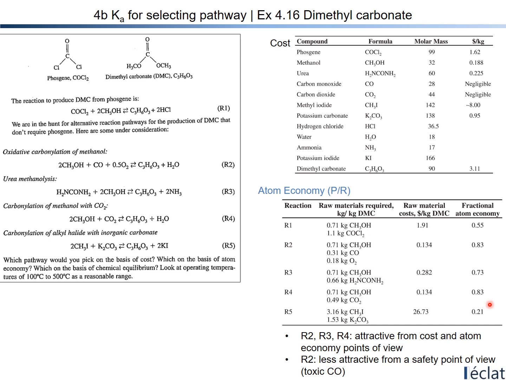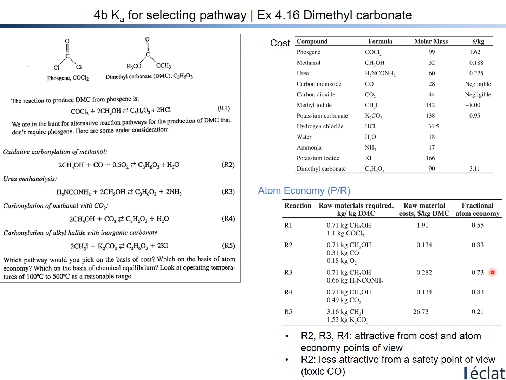As a result, R2, R3 and R4 look attractive from cost and atom economy points of view. Look at that. Those 3 reaction pathways have lower material cost and also higher fractional atom economy.